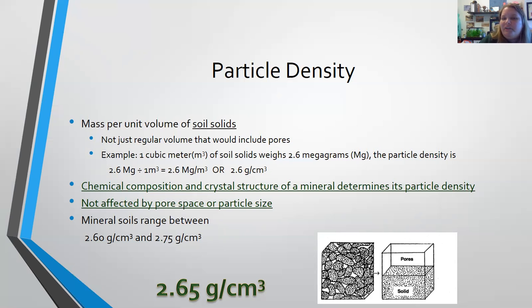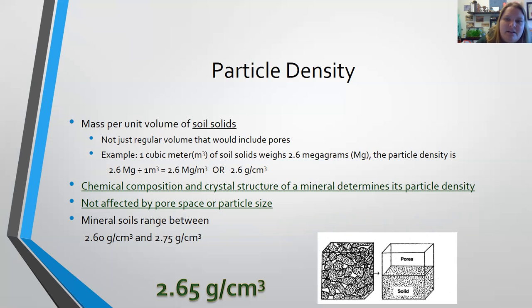So you could figure it out, but we are going to, again, go off of this assumption that particle density is 2.65, except for the numbers that I provided on your lab sheet. When you are trying to figure out percent solid space, which we'll talk about, and percent pore space, I provided both the bulk density number and the particle density number, and you'll see it ranges between 2.6 and 2.75.